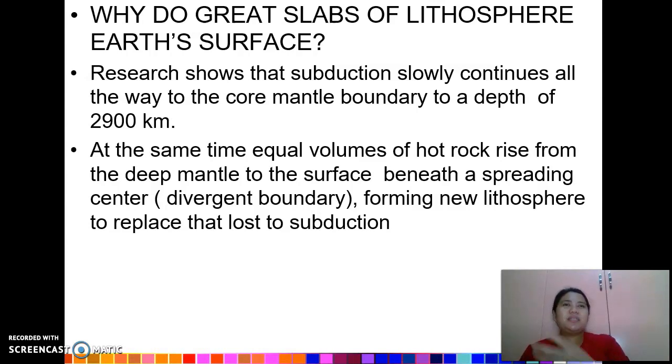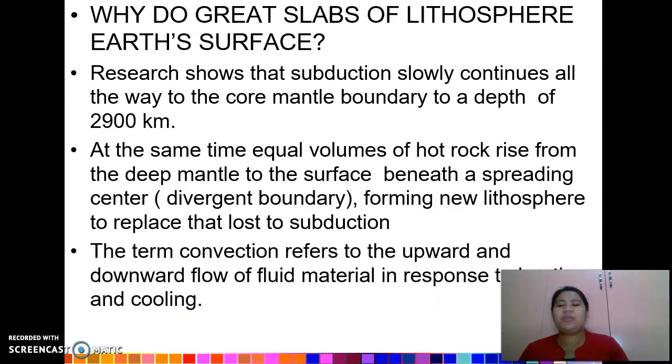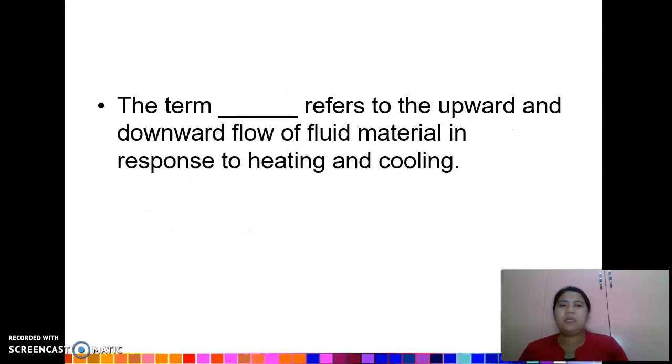If there is something lost on the system, in the case of the subduction zone, there will be a new landform formed on the divergent boundary. The term convection refers to the upward and downward flow of fluid material in response to heating and cooling. So I do hope you take down this question, because it might be given in my 10 to 15 item quiz.